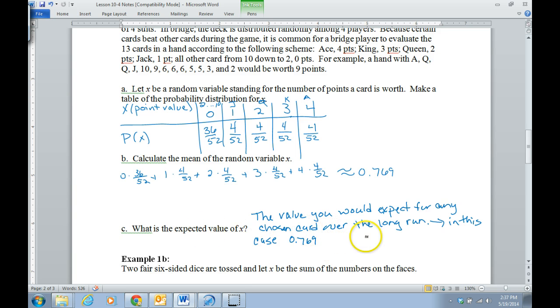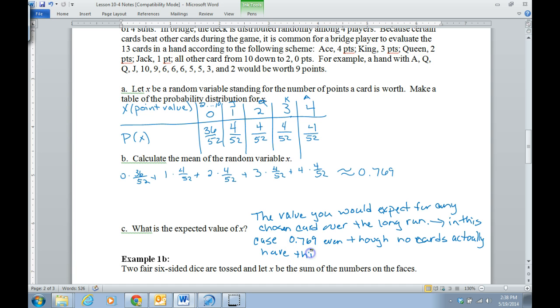C. Okay, so in this case, 0.769 is the value over the long run that you would get for any card, even though no cards actually have this value.